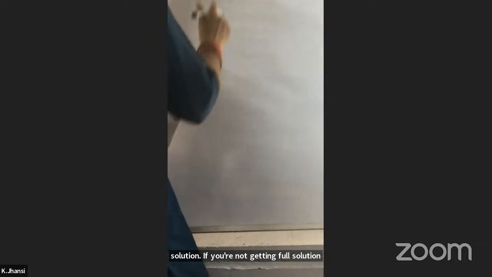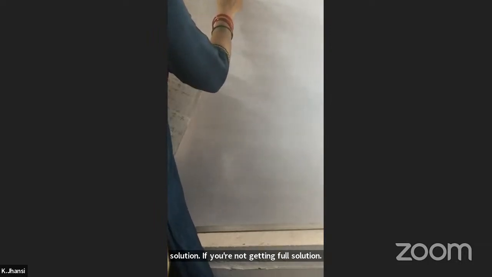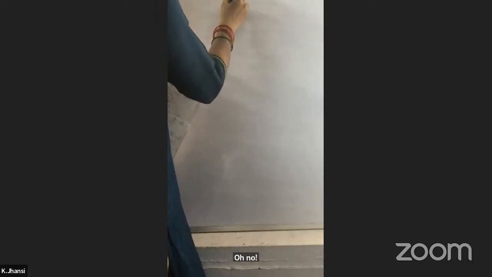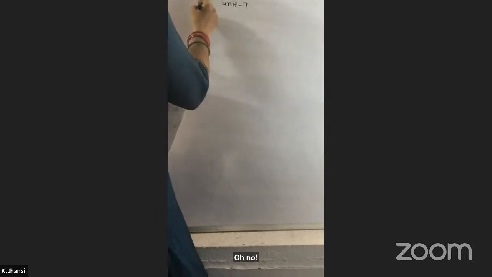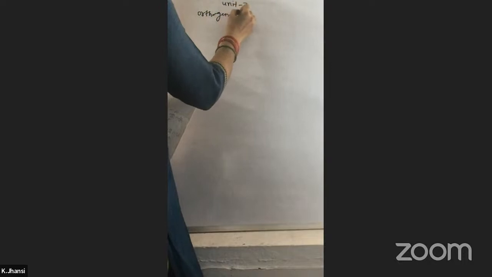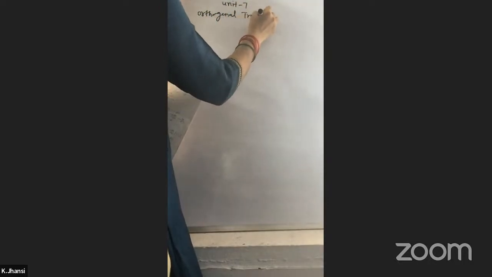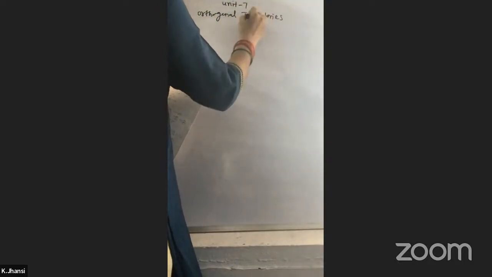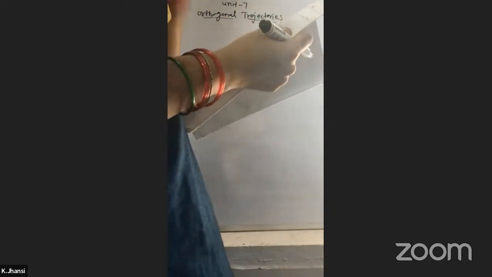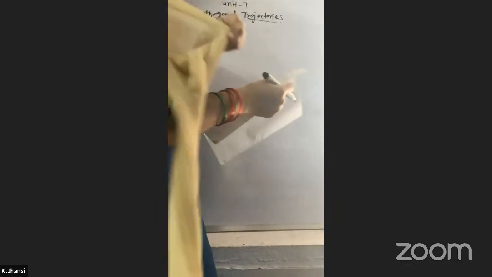So now block 3, in that unit 7. This is about the orthogonal trajectories. Okay. So in the introduction, I told what the steps are to follow for solving the orthogonal trajectories.